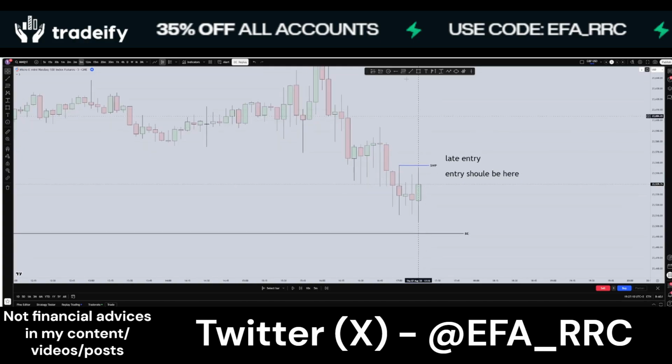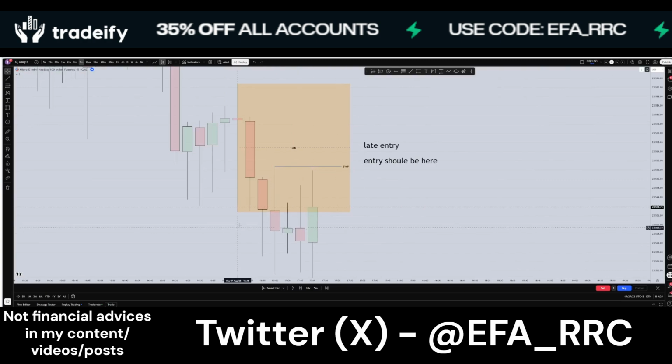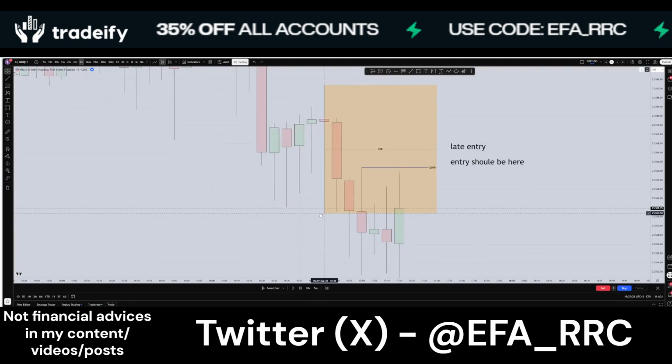Then I wait, and what develops is price moves down, and we create this 5-minute order block. But why didn't I look for a trade from this order block? Simple. I explained in my video from 2 days ago about order blocks.